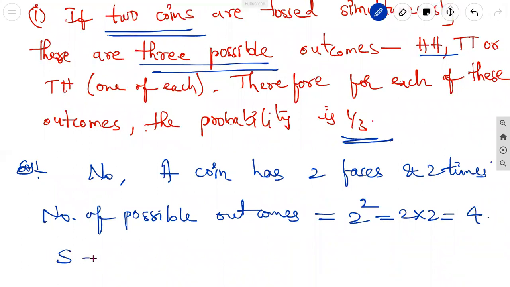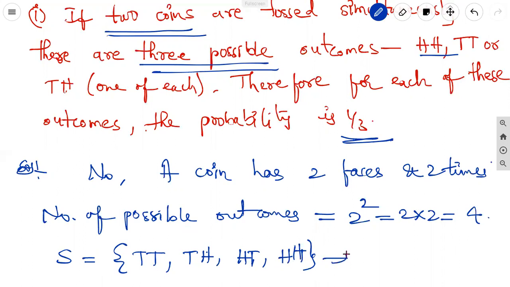So the sample space set of collection of the possible outcomes. What are the possible outcomes? One coin tail, another coin tail, one coin tail, another coin head, one coin head, another coin tail, and one coin head, another coin head. Okay, these are the possible outcomes.